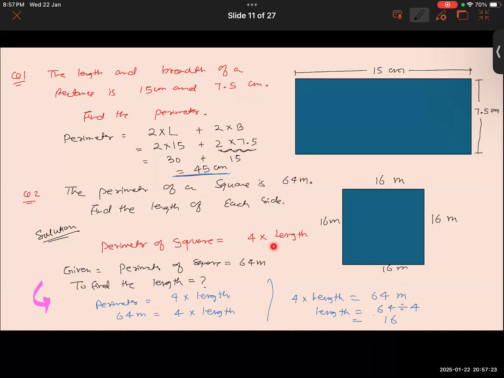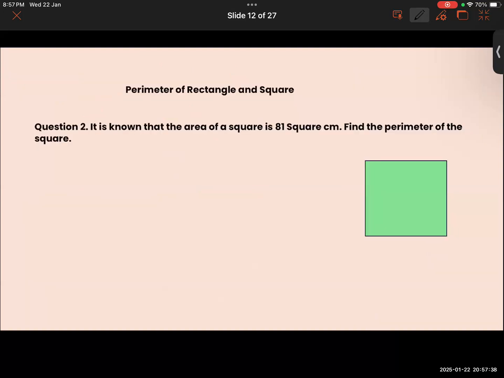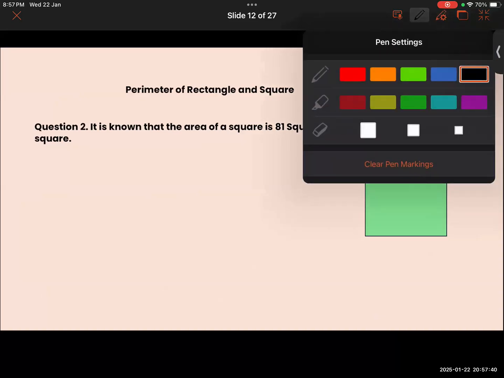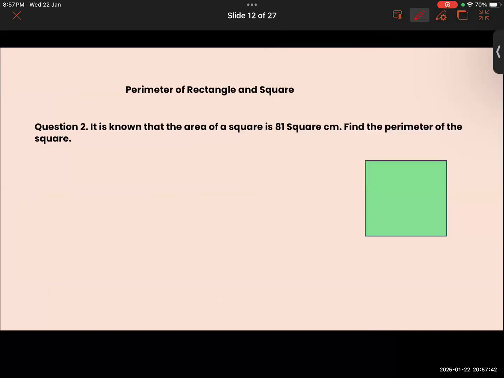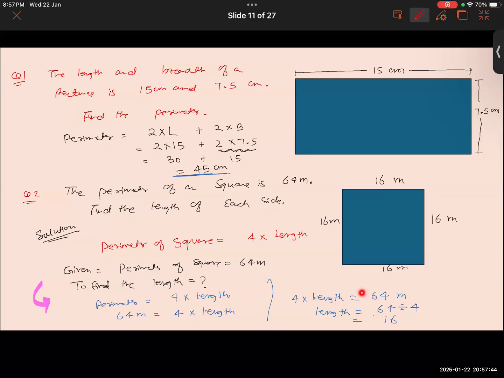So I thought it was 16. Yeah, that is also correct. Like you can make a guess which number should be multiplied by 4 so that I get 64. That is also correct, by the way. Okay, now you can go on with that method also, Habib. That won't be a big problem. The division is a bit easy, right? Yeah, that is also easy. The division is a bit easy, and it is the right approach to solve this question.